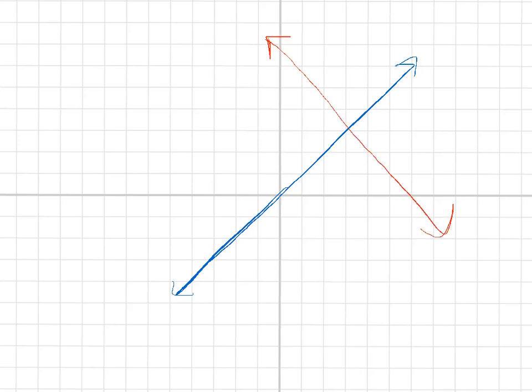Your solution is always where the two lines cross. So your solution to a system is where they intersect. So we intersect at 3, 3. So my solution to this system is 3, 3.